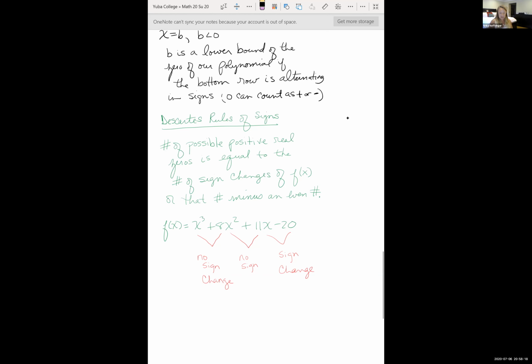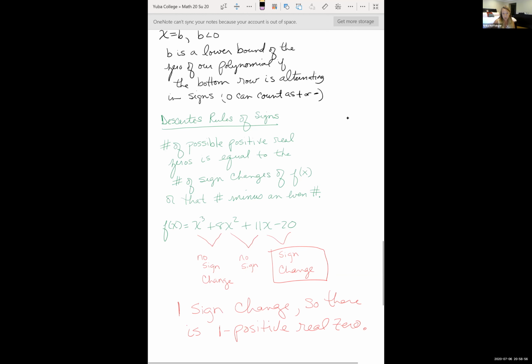So this theorem tells me that I have one positive real zero. It said to take that number and subtract an even number.